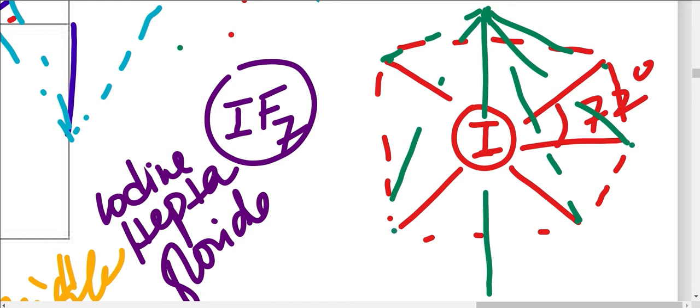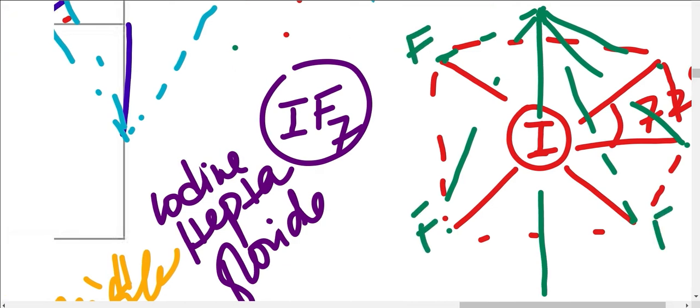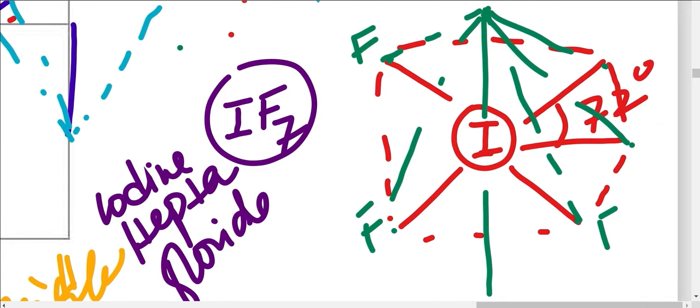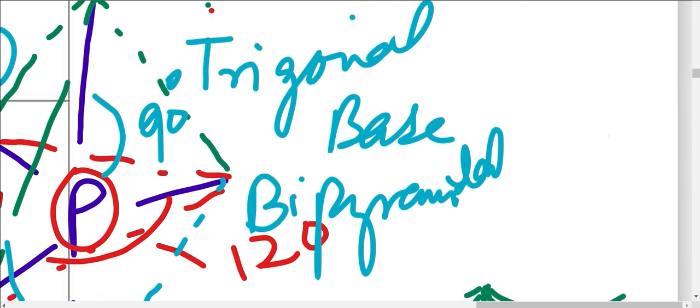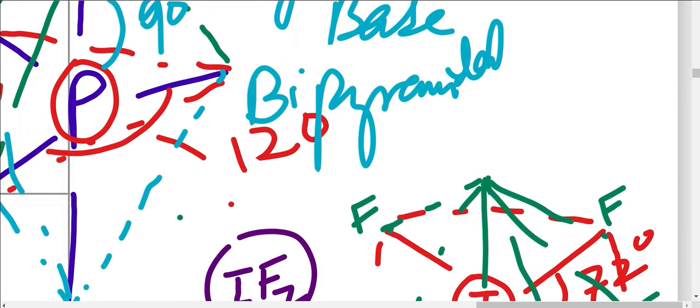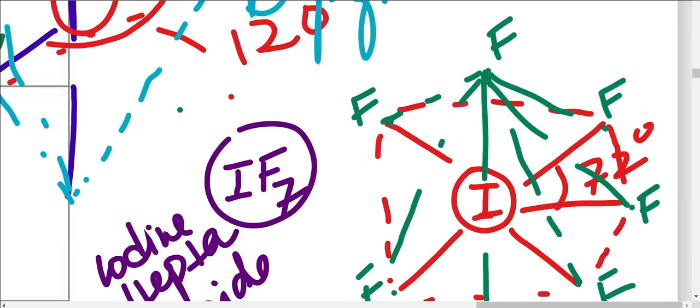Then this is the top of the pyramid, and everywhere you can see fluorines are connected. Keep that in your mind. Top fluorine and bottom fluorine as well. There is a fluorine here and there is a fluorine at the bottom also.